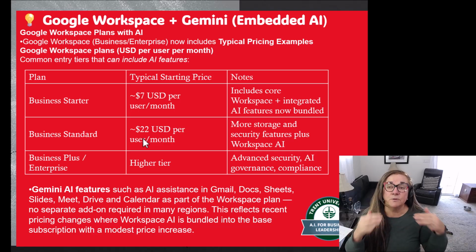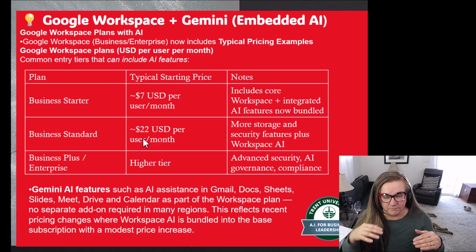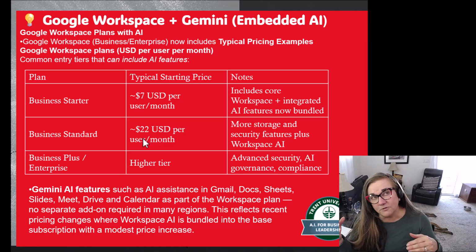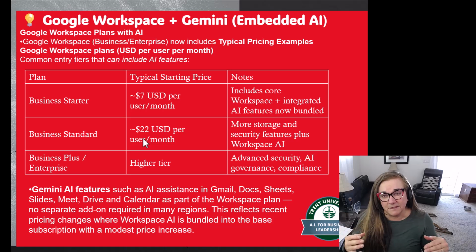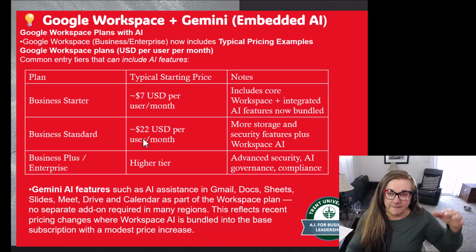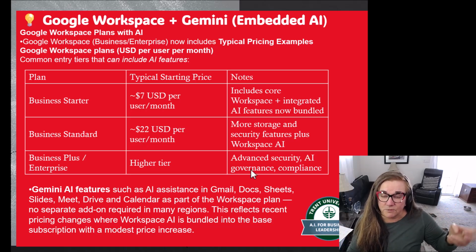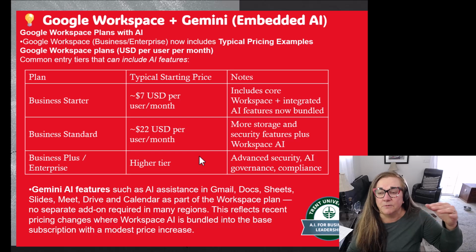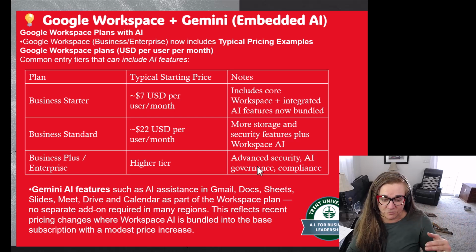So as you upgrade, you end up with more security features as well. On the browser version, when you upgrade your Gemini, it also upgrades your security features. So same thing with your AI: as you're upgrading your AI and upgrading the business model that you're on for your apps, it upgrades your security features.